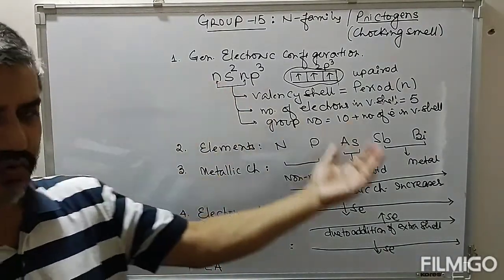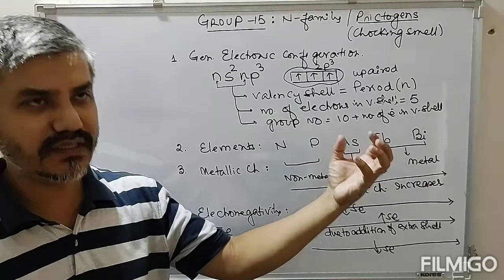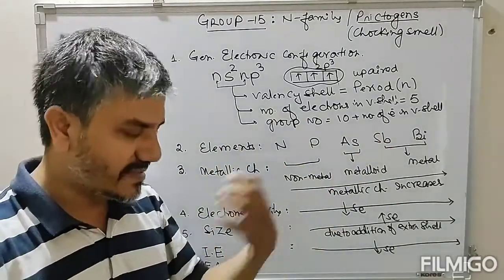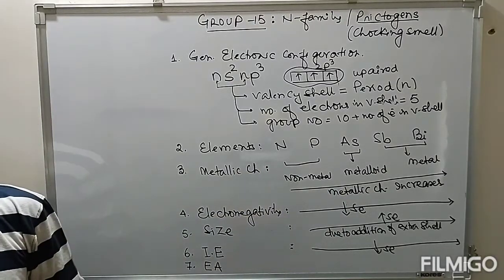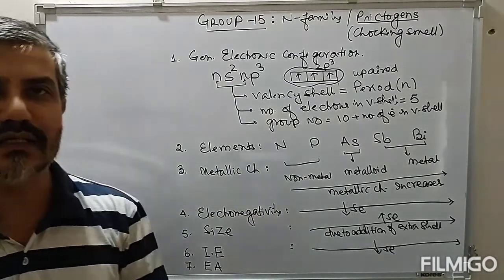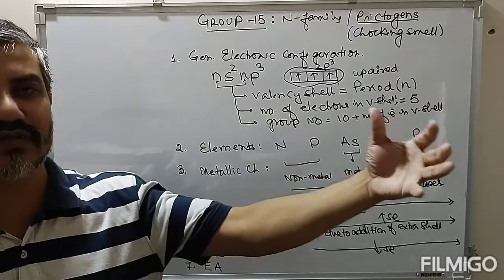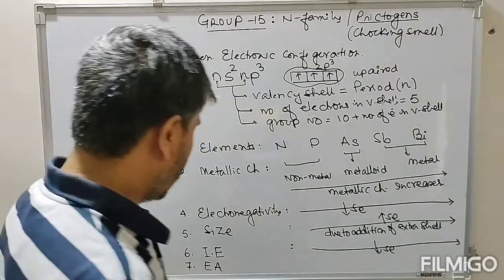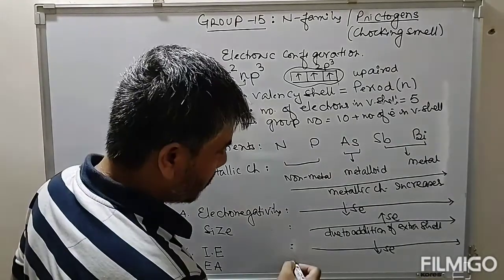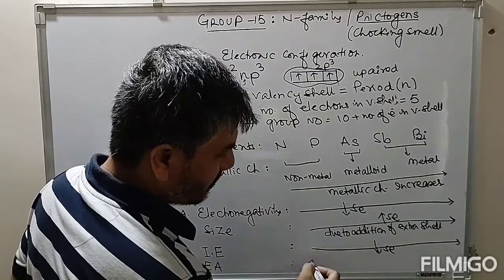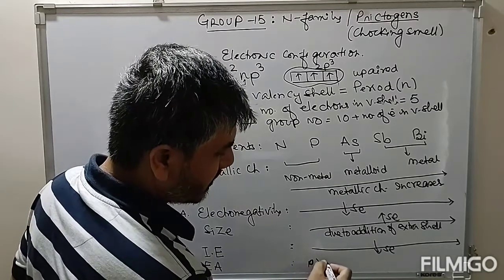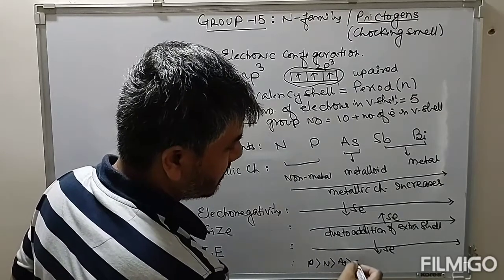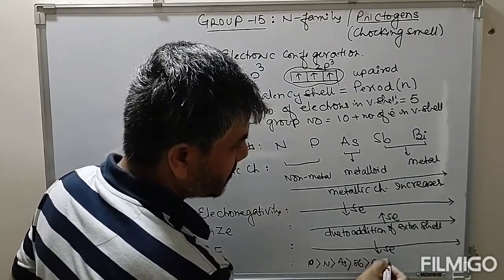Now moving down the group, size increases. As the size increases, the tendency for accepting an electron will decrease, because the attractive force between the valence electron and the nucleus decreases. Now when we talk of electron gain enthalpy or electron affinity values, the value for P will be greater than nitrogen, then we have normal values for arsenic, antimony and bismuth.